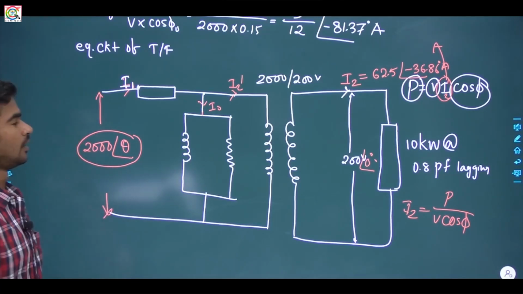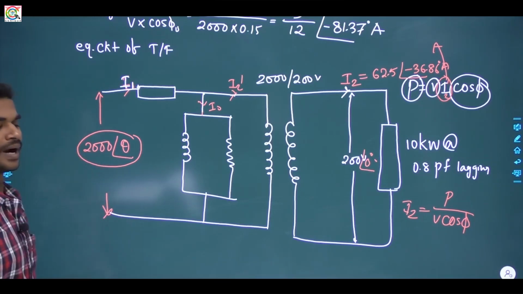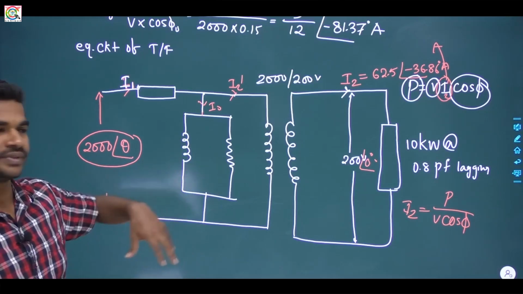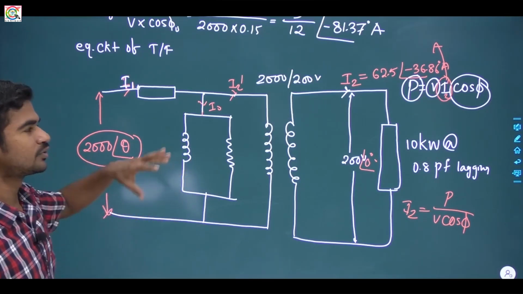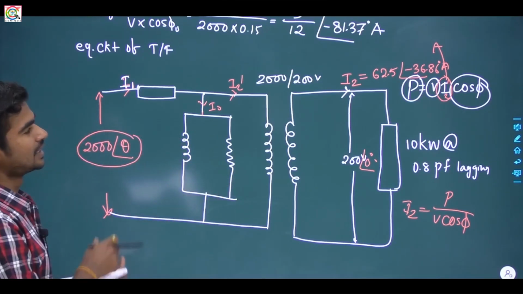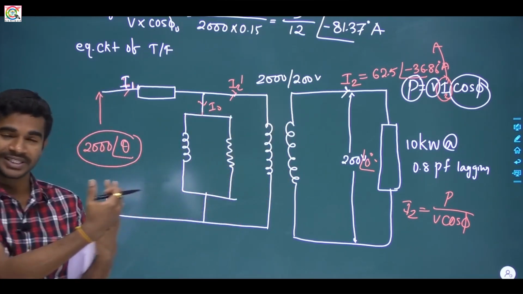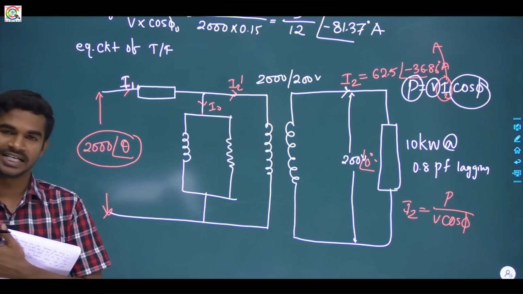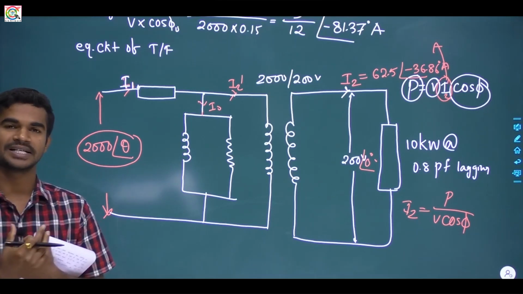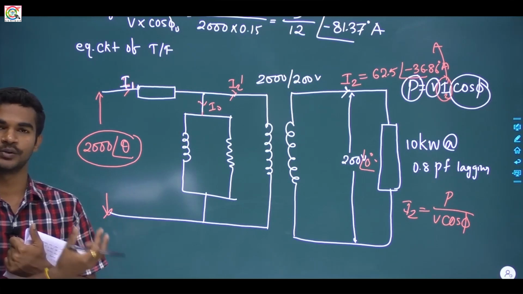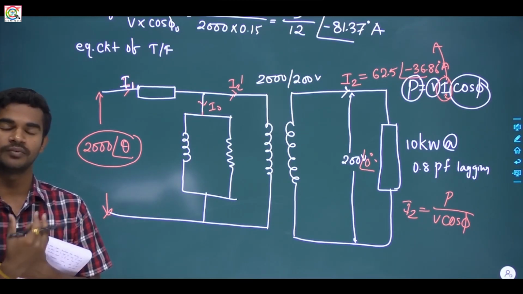So how to find it? What should be the next step here? We have to convert the entire circuit with respect to the primary. Its meaning is the equivalent circuit with respect to the primary, or equivalent circuit with respect to 2000 volt.